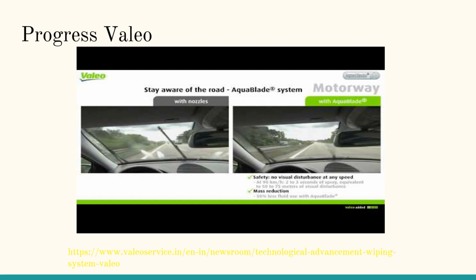So what they did was convert the washing water fountain mechanism and build it into the wiper arm of the wiper system, so that effective cleaning happens and the windshield becomes clearer during the functioning of the wiper system.